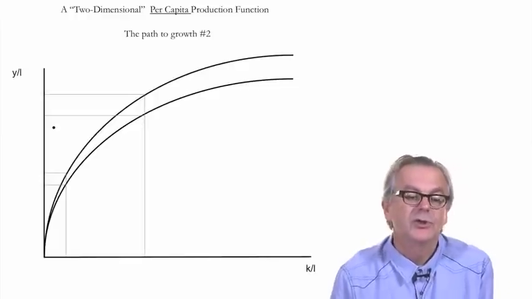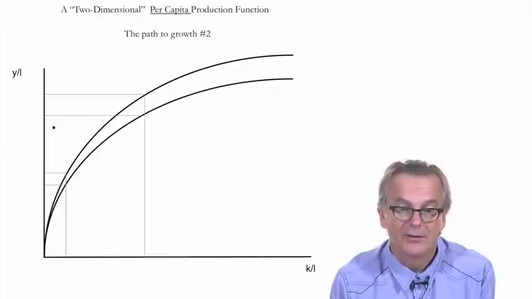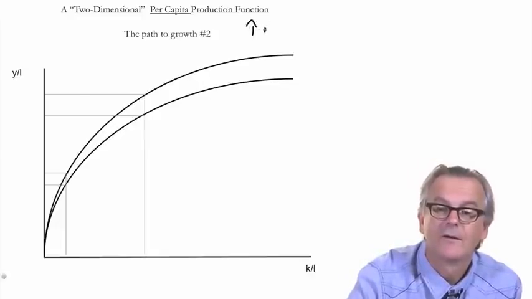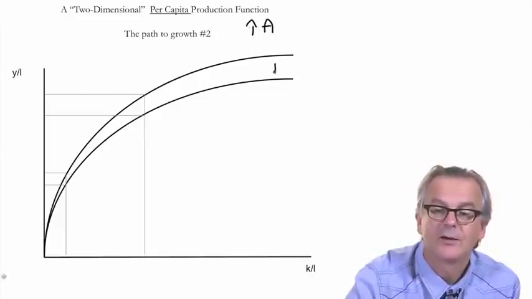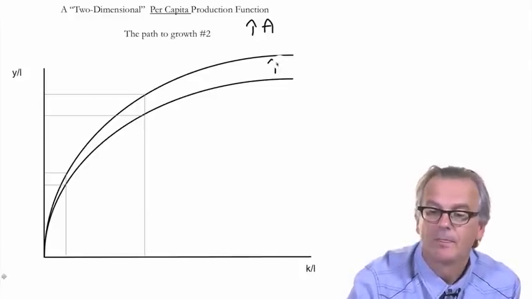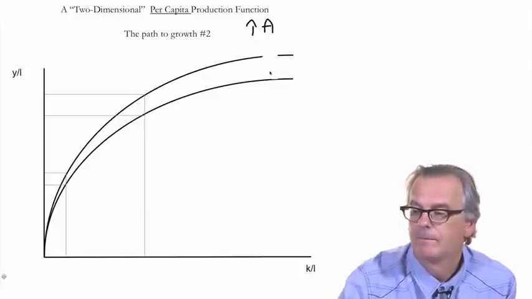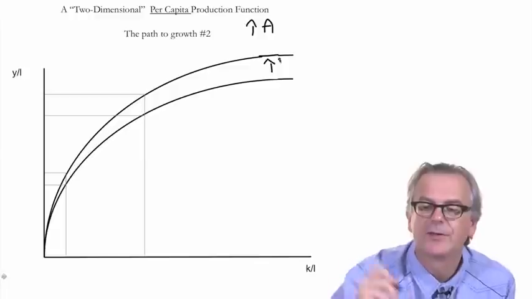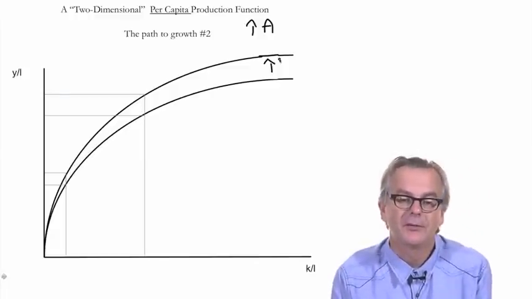But there's an alternate path to growth, and the alternate path to growth is through growth in total factor productivity. And as before, that can be represented by an upward shift, this time in the per capita production function.